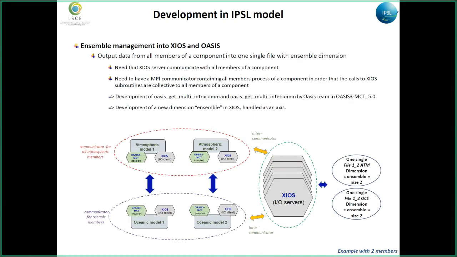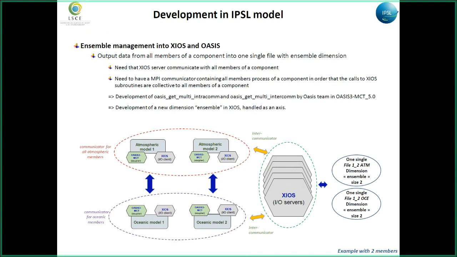So, since we want to output data from all members of a component into one single file with an ensemble dimension, we need the XIOS server to communicate with all members of a component. And so, we need to have an MPI communicator containing all member processes of a component, so that the calls to XIOS subroutines are collective for all members of a component.